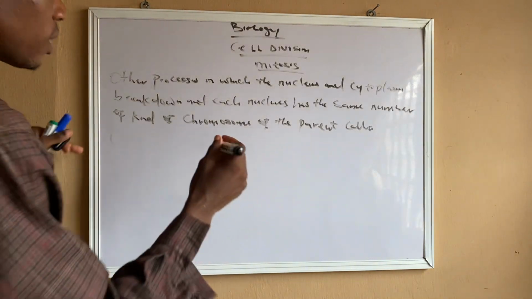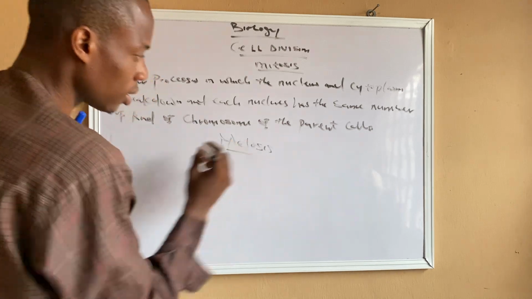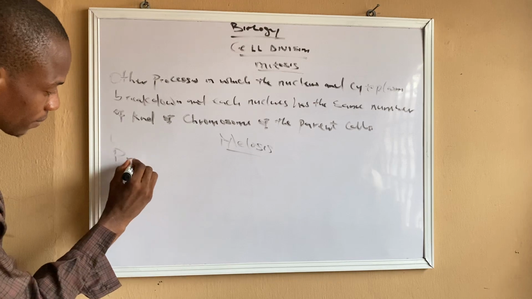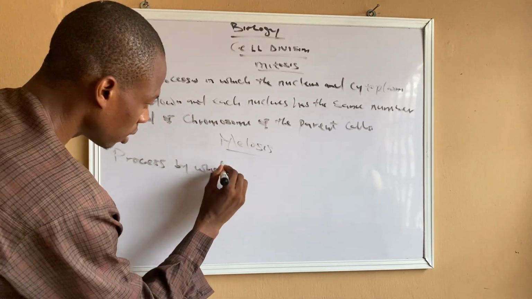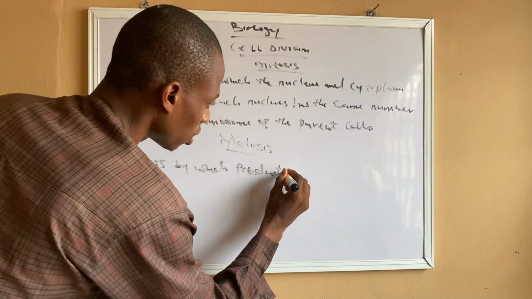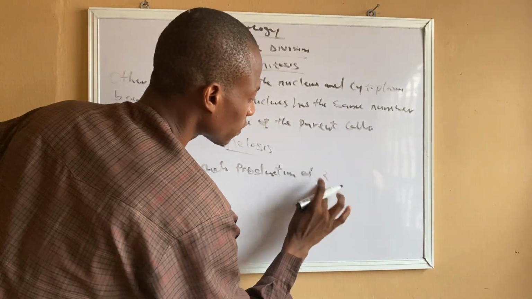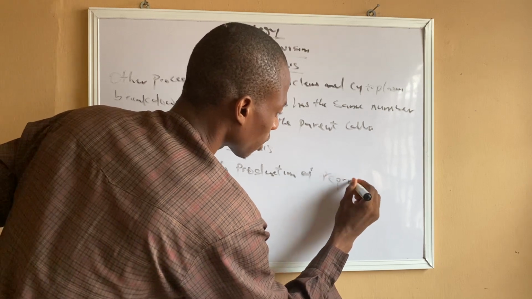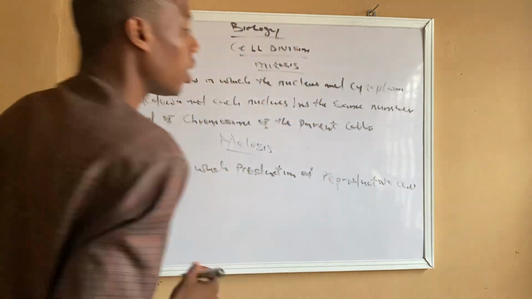In meiosis, we said meiosis is the process by which reproductive cells are produced. And what is that reproductive cell?